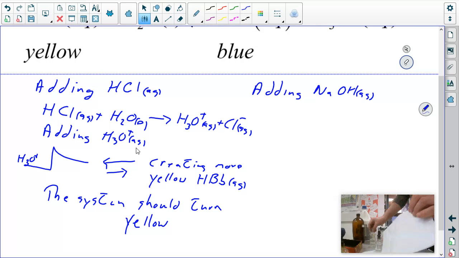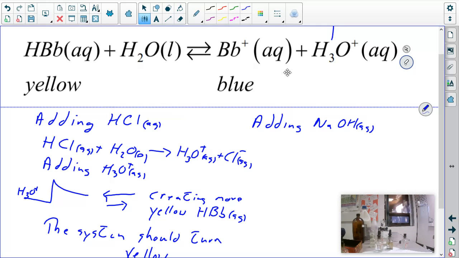Now this HBB equilibrium is an indicator, like litmus paper is an indicator. And when HBB turns yellow, we know the pH is less than, I believe, about 6.0. Okay, so that's how our indicators work.